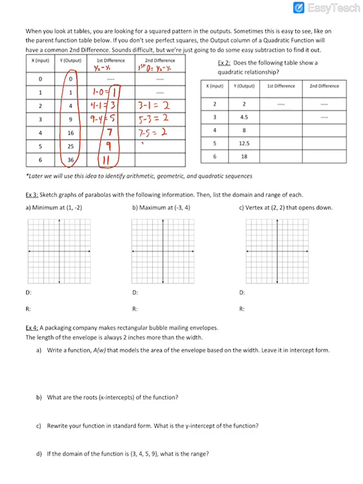What do you notice is happening here? 9 minus 7 is 2, and 11 minus 9 is also 2. If your second differences are all the same value, if you have a common second difference, you will have a quadratic function. Let me say that again. If you have a common second difference, you will have a quadratic relationship.